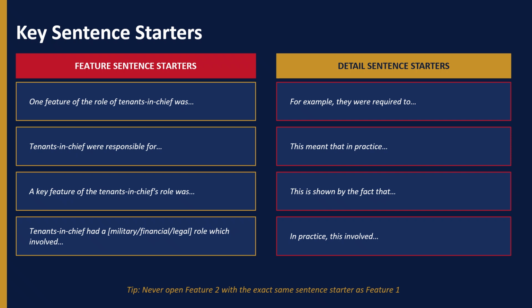And then you have a different sentence structure for your detailed sentences. For example, they were required to, this meant that in practice, this is shown by the fact that, in practice, this involved. One tip from me is vary your openers between feature 1 and feature 2 because it signals to the examiner that you are giving two distinct features.